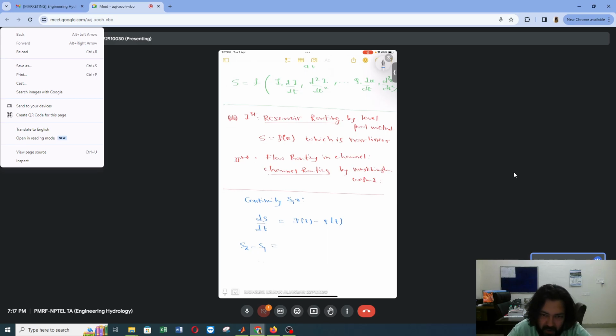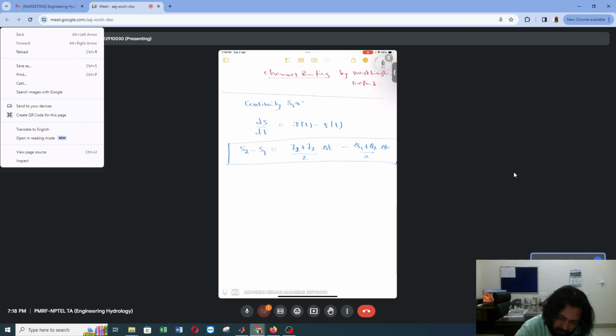Similarly, there would be changes in the inflow between upstream and downstream, so we take the average, (I1 plus I2) divided by 2 times delta T, minus (Q1 plus Q2) divided by 2 times delta T. This is the equation used under hydrologic routing in order to calculate the difference in storage or the characteristics of the downstream hydrograph. So this is all about hydrologic routing.